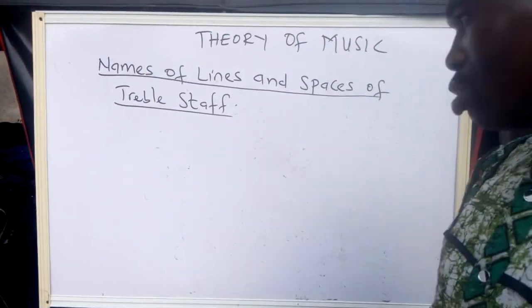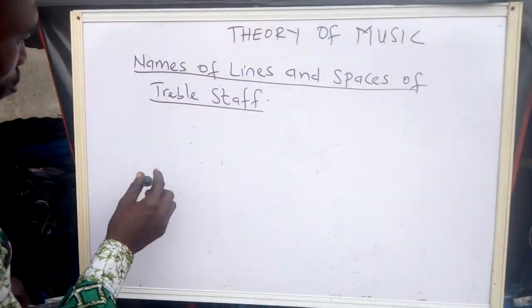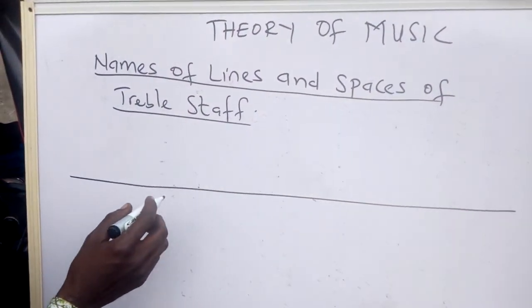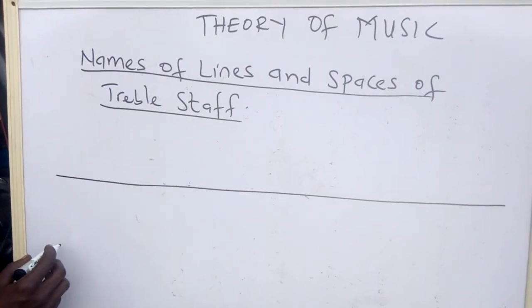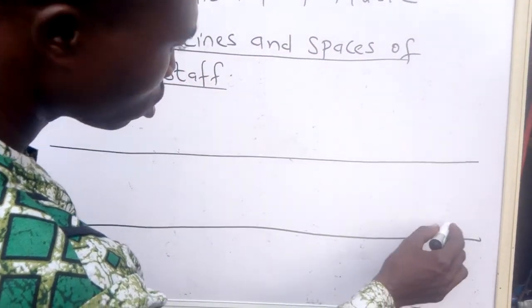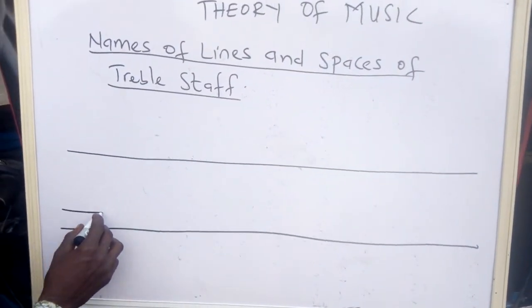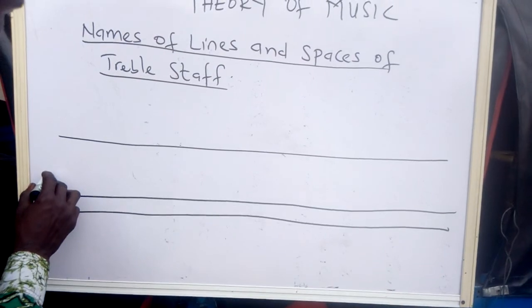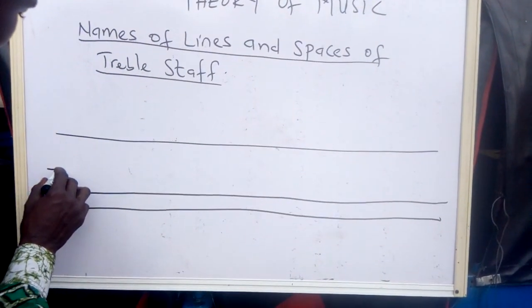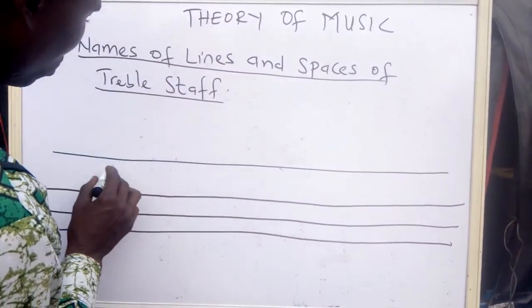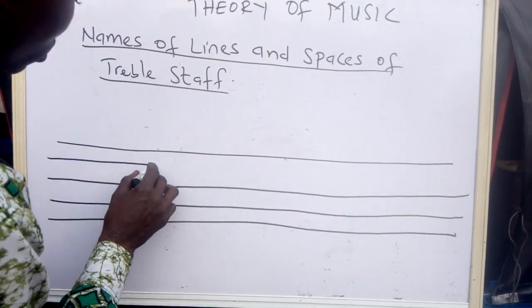Now, let us look at staff itself. So remember, it's from bottom to the top, not from top to the bottom. Can you see? Let me start upward this way. I have, let's say, 3 lines there. I have the fourth.